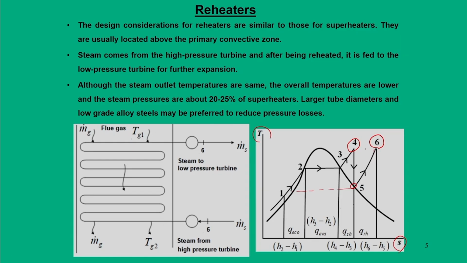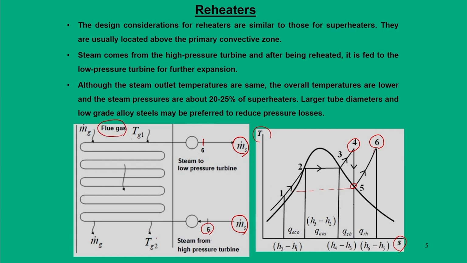This reheater heat exchanger unit receives the steam from the high pressure turbine with mass flow rate m dot s, and the steam goes out at point 6, that is state 6, with the same m dot s. This heat addition takes place from the flue gas, whose initial temperature is Tg1.